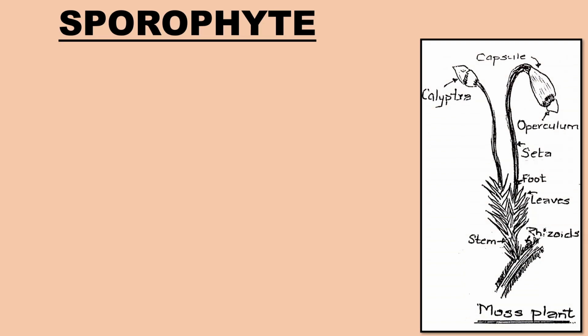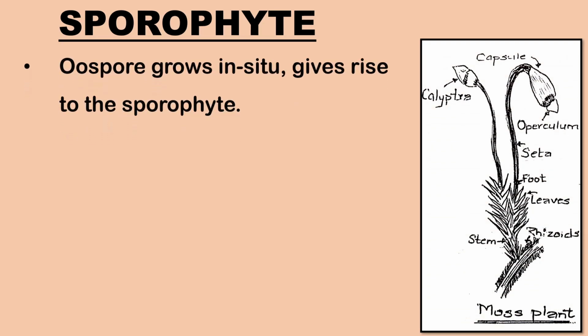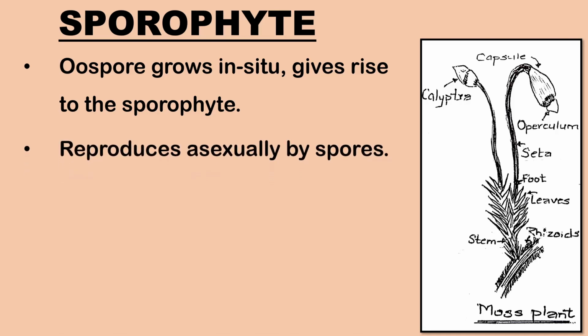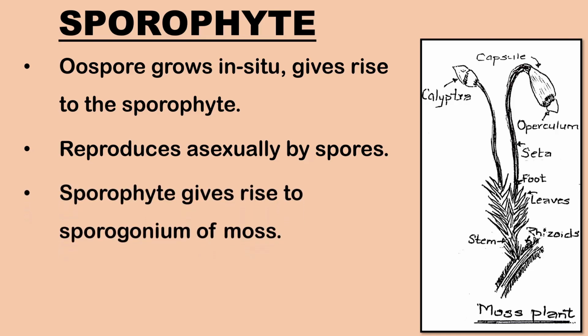Next, let us understand the sporophyte and asexual reproduction in mosses. The oospore grows in situ, divides inside the venter of the archegonium, and gives rise to the sporophyte on the moss plant. It reproduces asexually by spores. The sporophyte divides and gives rise to the sporogonium of moss.